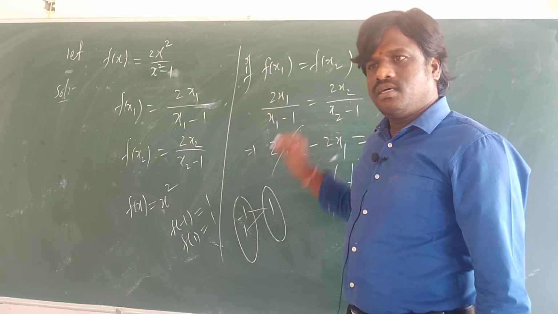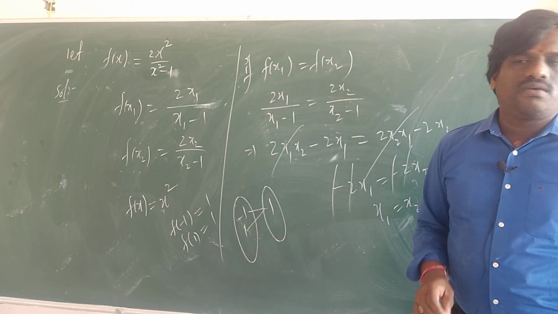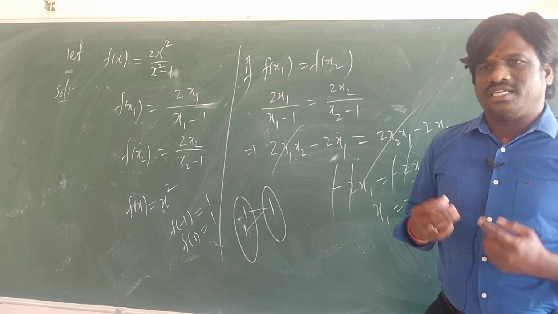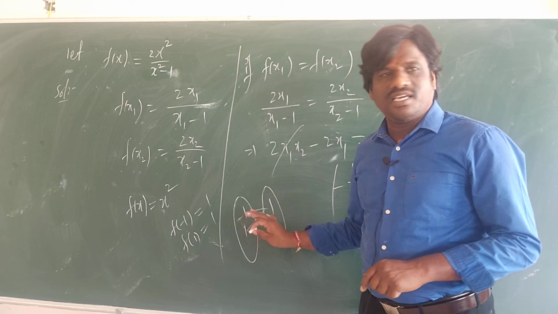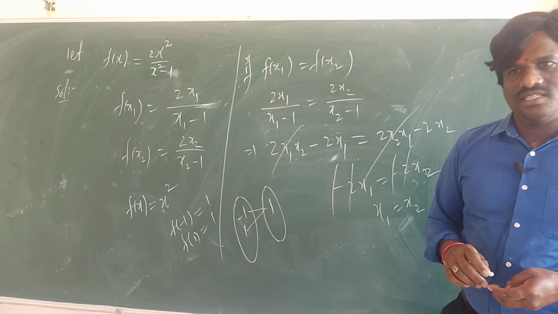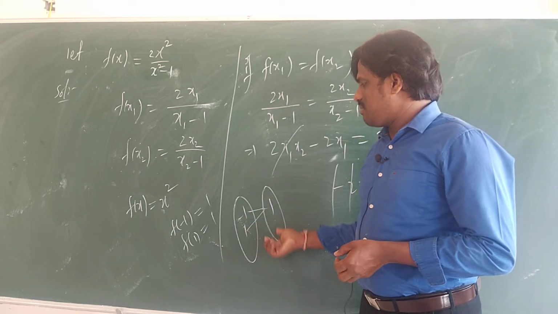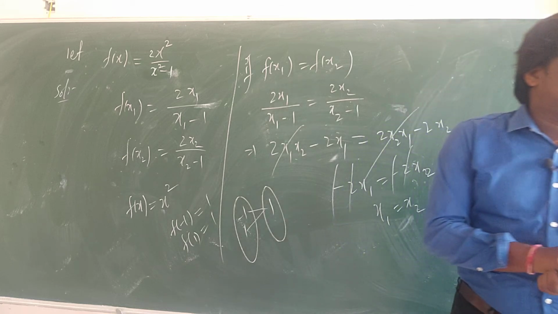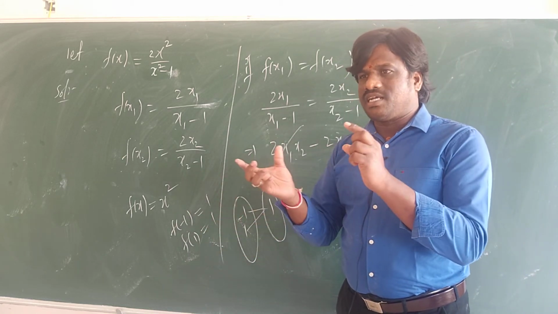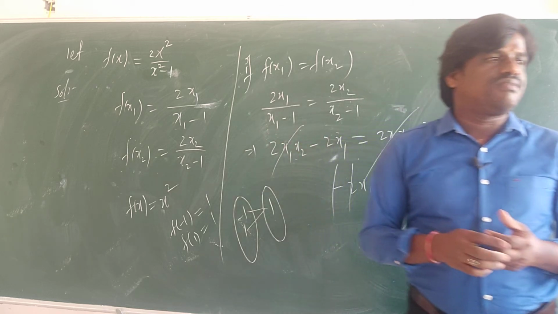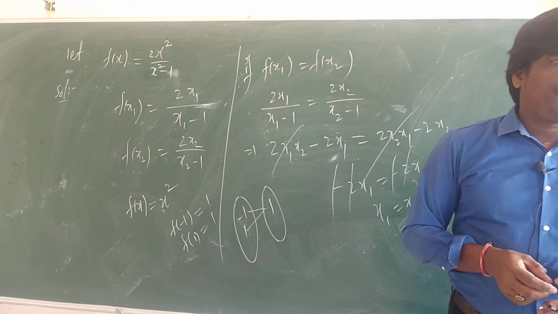So we are getting the same image. So it is not a one-one function. It is a function but not one-one, right? Is it clear? That is why when there is a square, any element gives the same answer. So that's why it is not a one-one function.